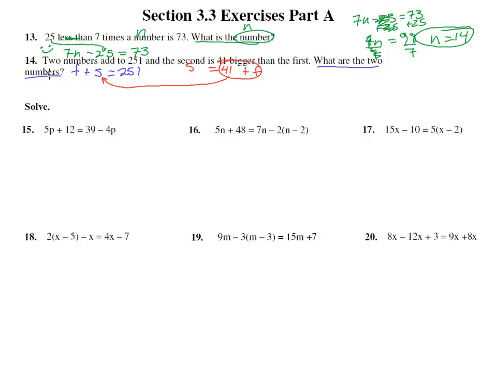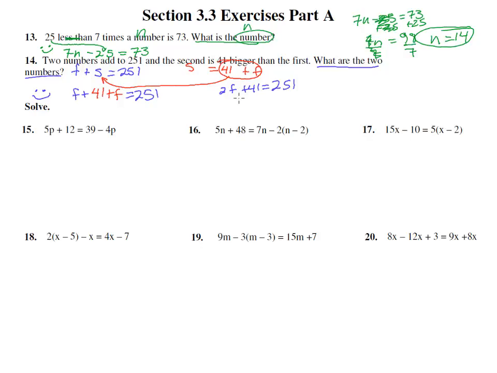Now when we write this equation, we have F plus what S is, which is 41 plus F, to equal that 251. And when we do that, look at that, we have an equation. We know how to solve that guy. F and F, that's 2F plus 41 equals 251.